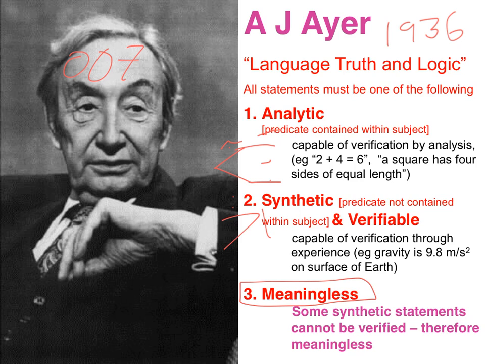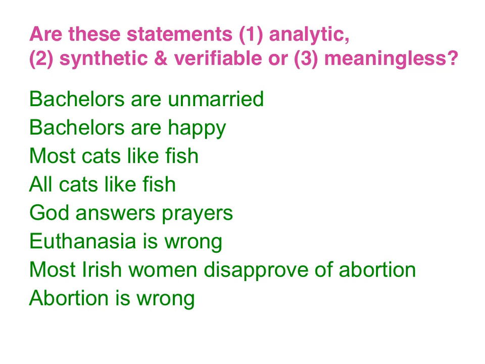So this bracket for Ayer actually included historical statements about Caesar, for example, where we have a lot of evidence but can't necessarily go and verify it right now. They have weak verification, so they're kind of between these two extremes here. More on that perhaps in lesson.